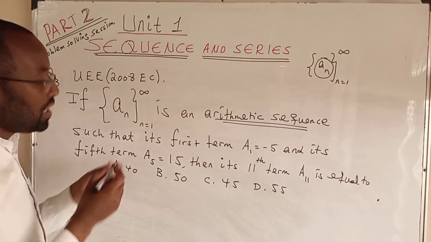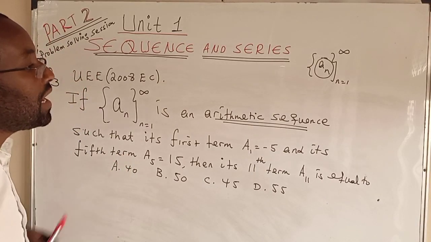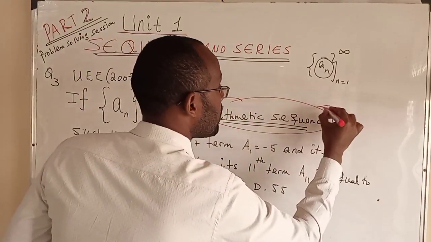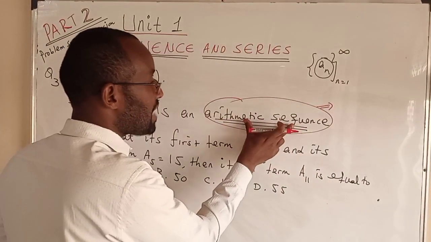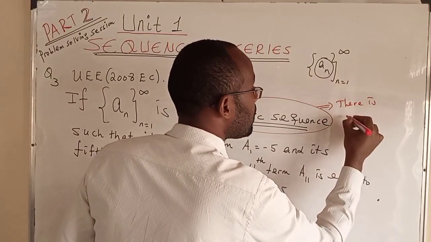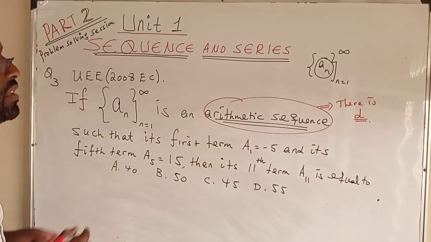Because when a progression is an arithmetic sequence, there is what? Common difference. So whenever you have this information, a sequence is an arithmetic sequence, immediately there is a common difference D between any two consecutive terms.